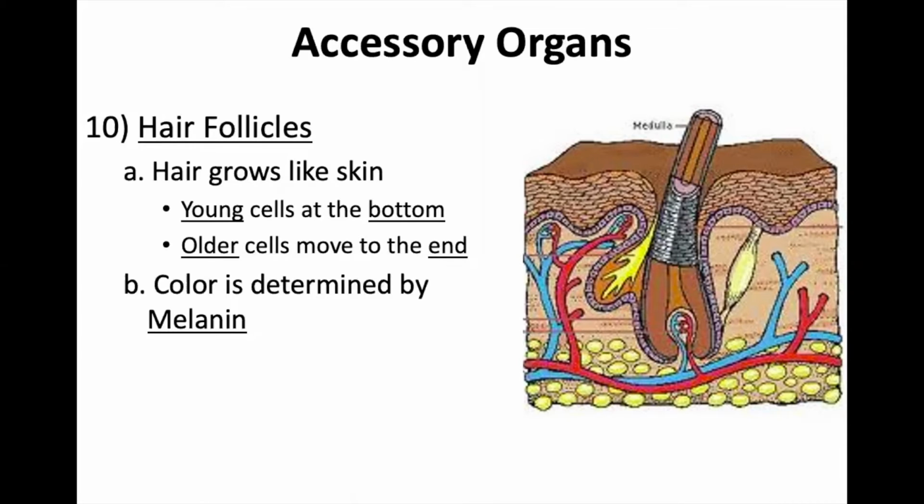Well, that is determined by the amount of melanin going into your hair, and that is determined by your genetics. But remember, melanin is a brown color. Hair is supposed to be brown. If you have black hair, what you really have is so much melanin that it looks black, but it's actually a really dark brown. And if you're blonde, what you really have is so little melanin that it doesn't look brown, it looks lighter, it looks blonde.